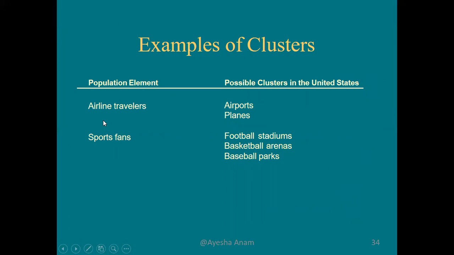Again, some examples: airline travelers. Possible clusters are airports and planes. Sports fans, from the football stadiums, basketball arenas, and baseball parks, according to the scopes.